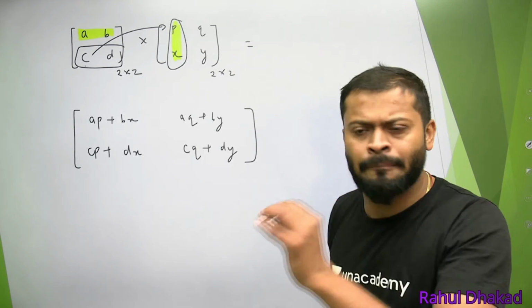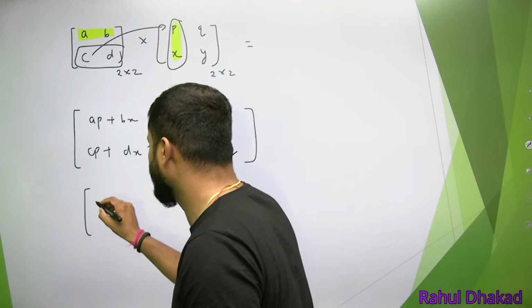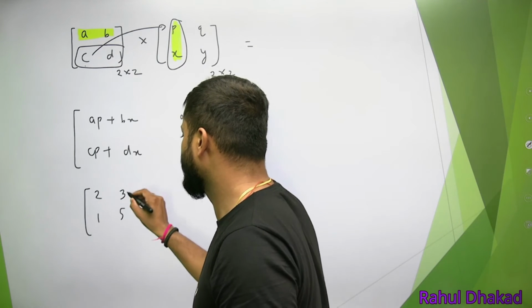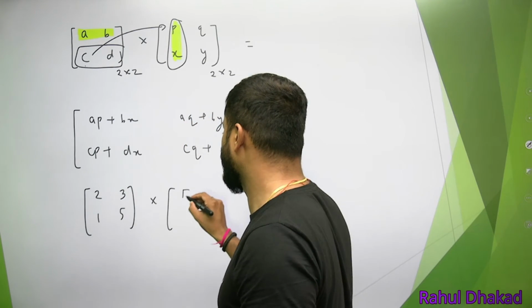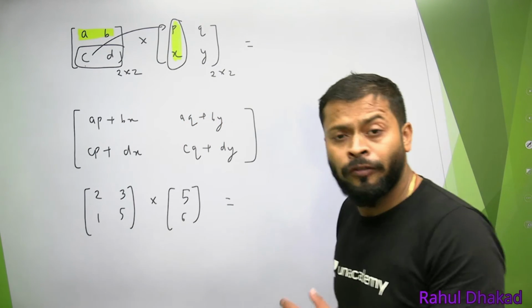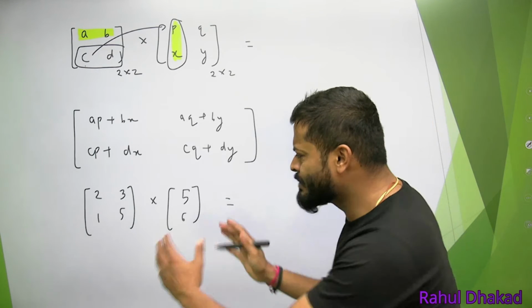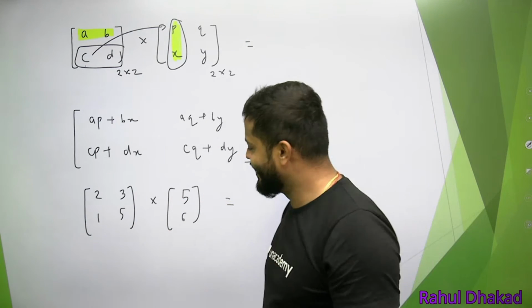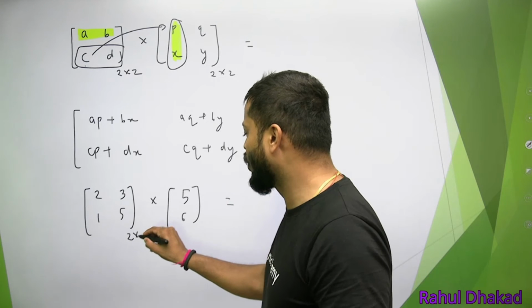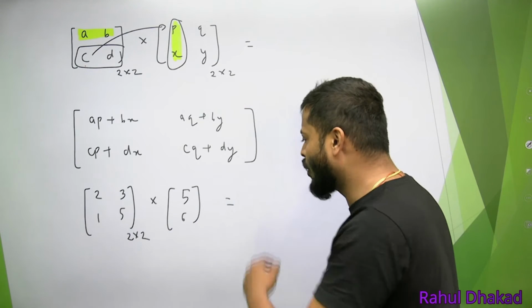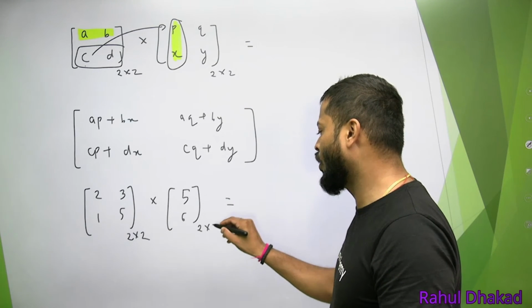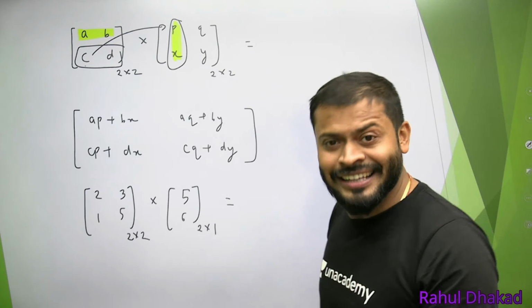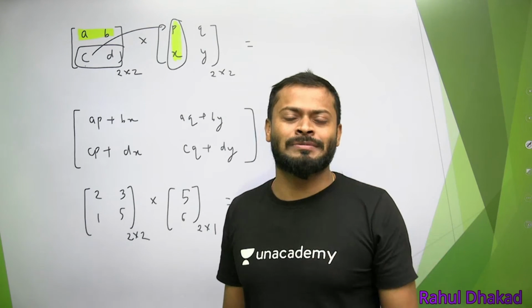Let's take an example with numbers. First of all, tell me, is multiplication of these two matrices possible? What is the order? Order is 2 cross 2. And what is its order? Order is 2 cross 1. Yes. Multiplication is very much possible.